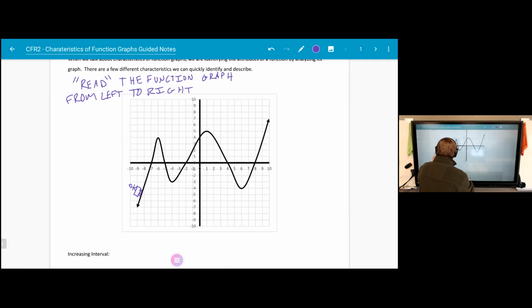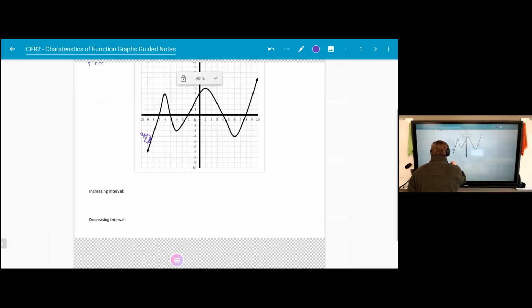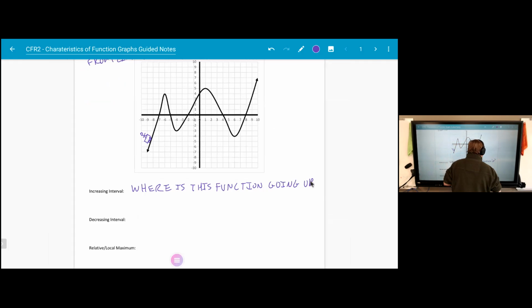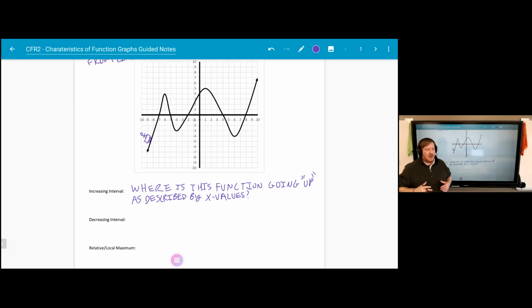So an increasing interval is: where is this function going up, as described by x values?